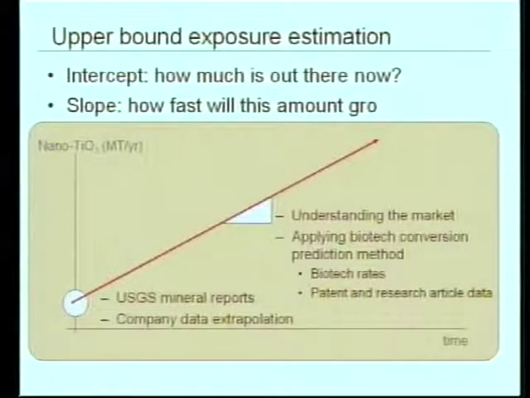Basically, they were successful in predicting how quickly the biotech industry would take up all of these revolutionary new technologies in the 80s and 90s. And so we looked at using some of those techniques to try to draw some parallels and see if we could get a rate of titanium dioxide growth out of that.